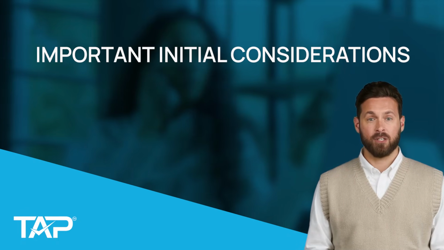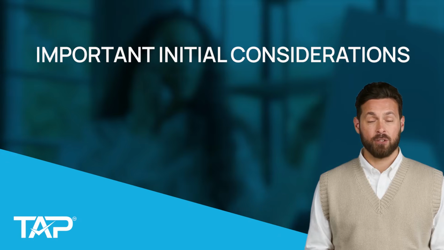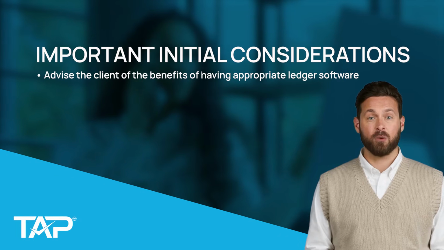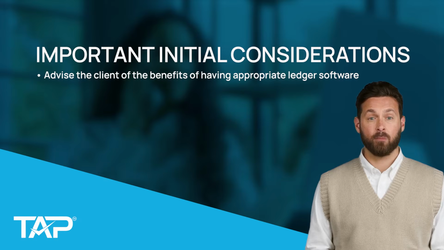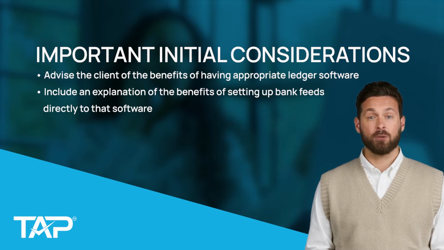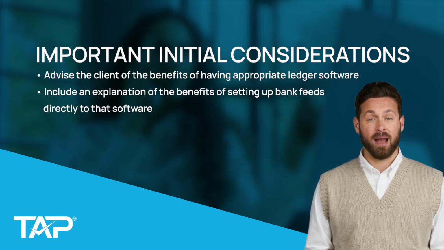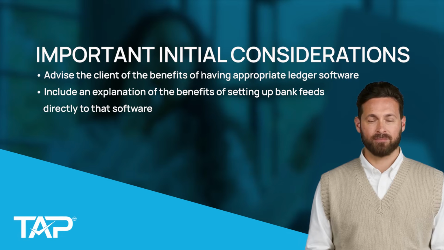Following this, there are a series of important initial considerations to address. The first is to advise the client of the benefits of having appropriate ledger software, which they should source themselves, ensuring they retain ownership of the data. Include an explanation of the benefits of setting up bank feeds directly to that software.